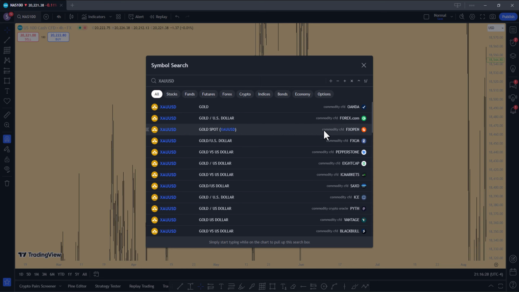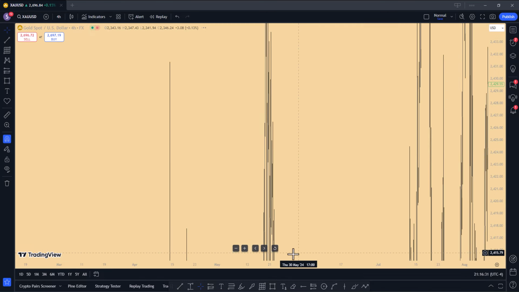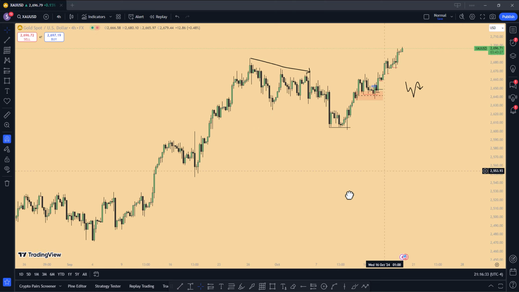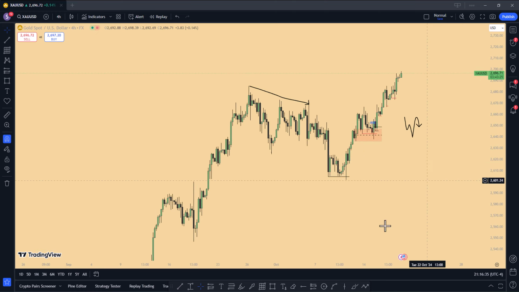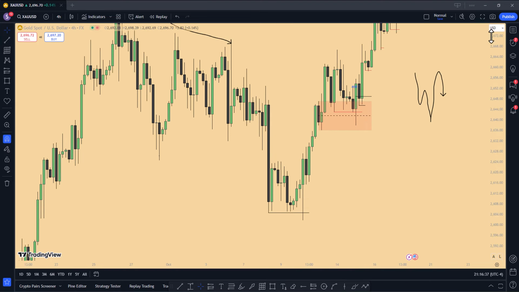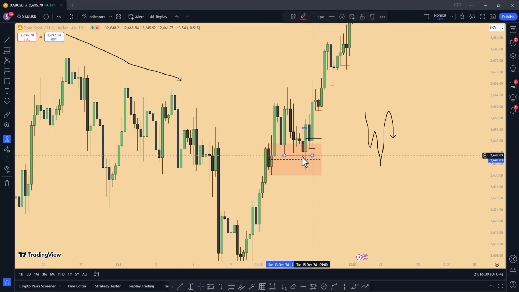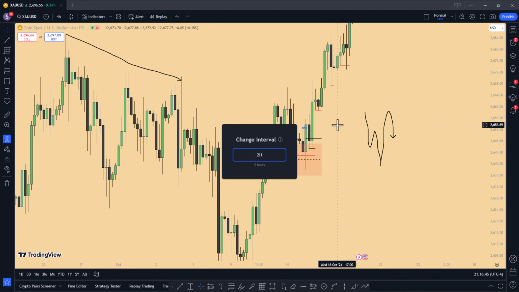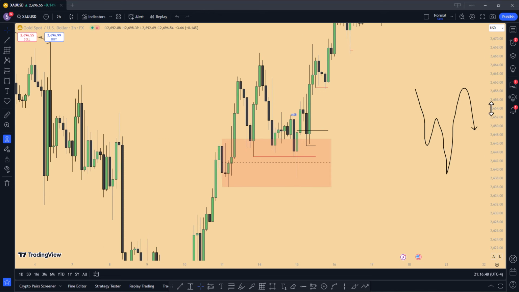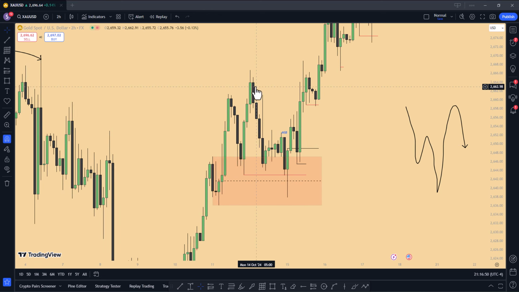I'll show you what I targeted. Yeah, here you go. On the 4 hour, we have a beautiful sweep. Here's that break of structure. Let's go to the 2 hour. So I was targeting this high right here.